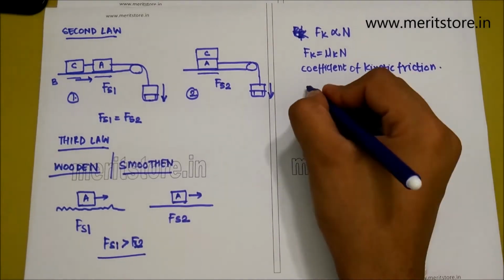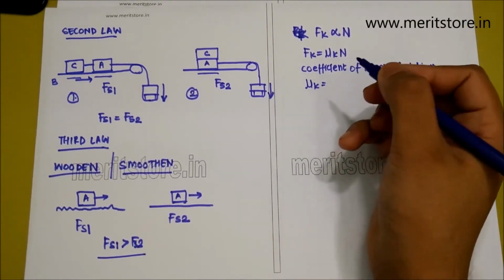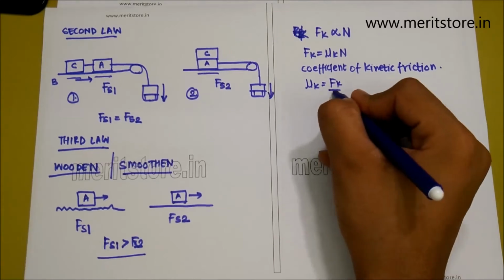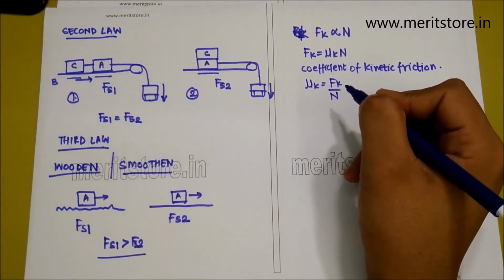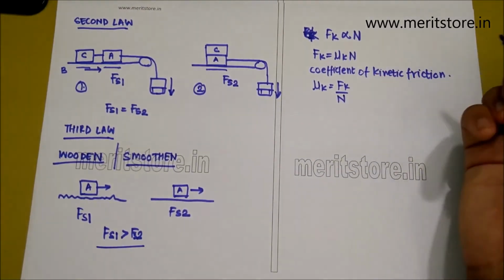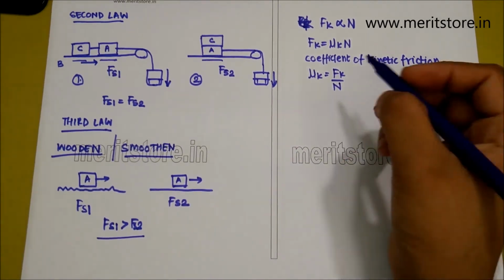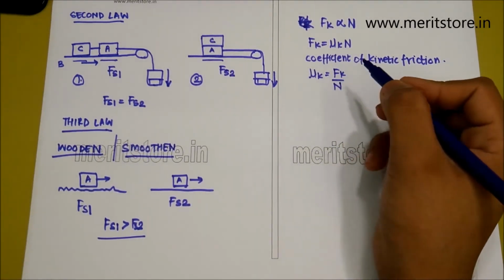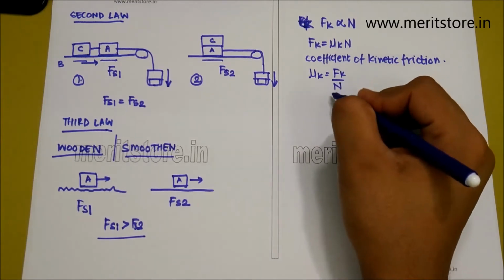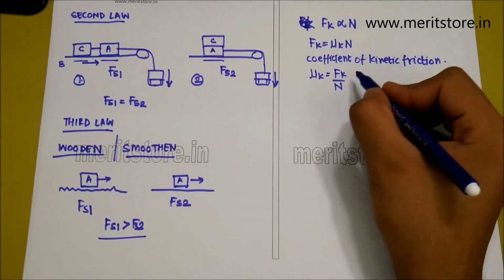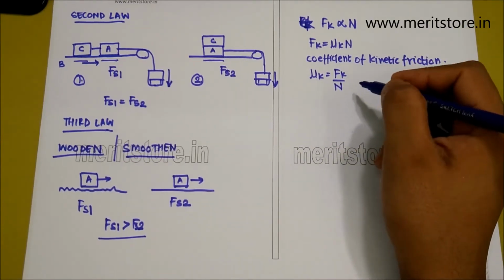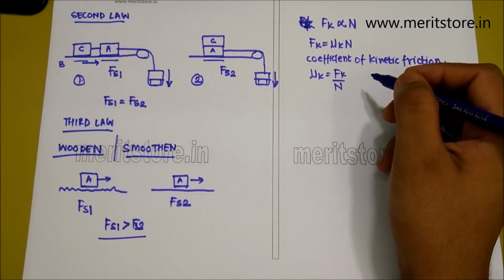So we have mu k equal to Fk divided by N. So the coefficient of kinetic friction is the force of kinetic friction divided by the normal reaction. So it's a ratio of the force of kinetic friction and the normal reaction between the two surfaces.